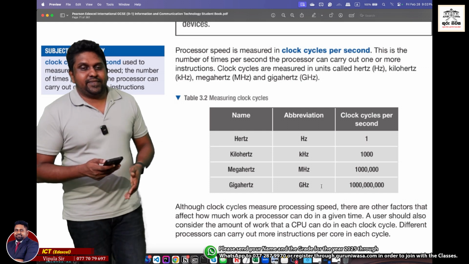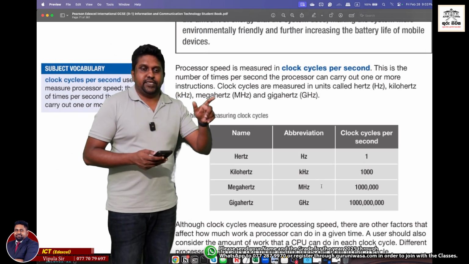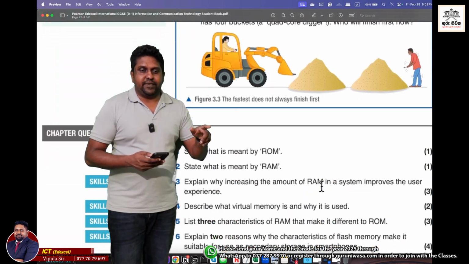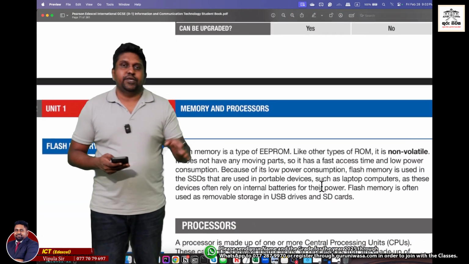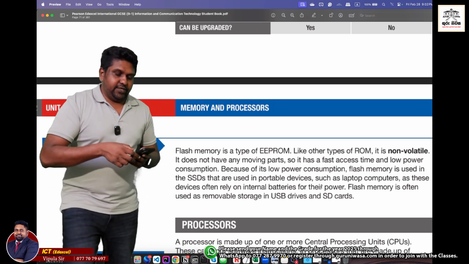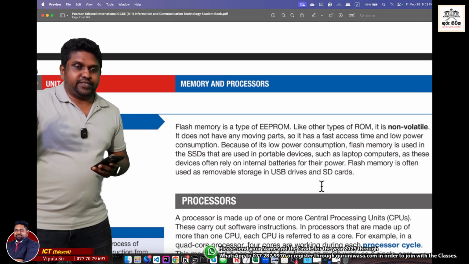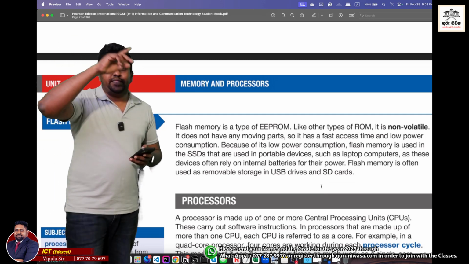The clock cycle is the typical loop in which something gets processed. In this cycle you fetch the data, you process the data, you take it out, and that's one cycle.